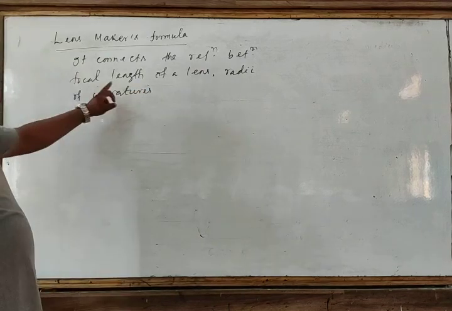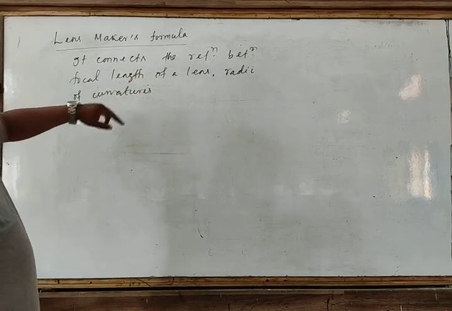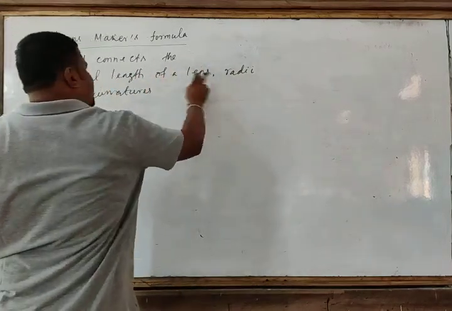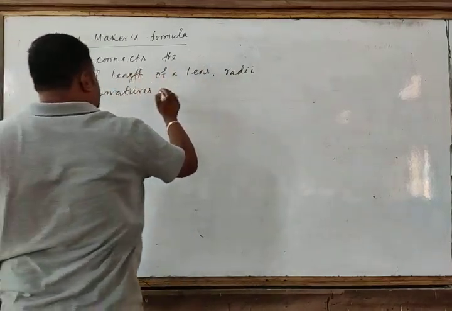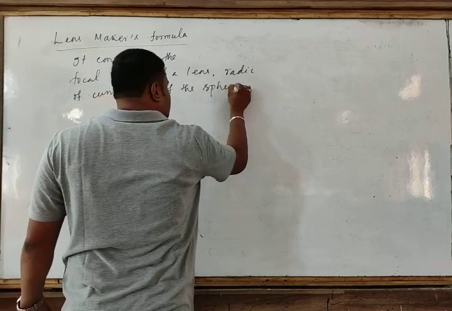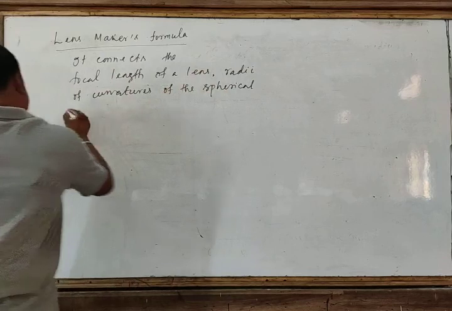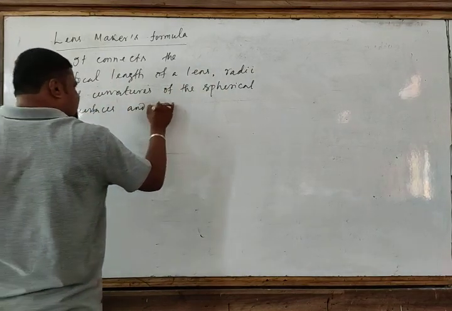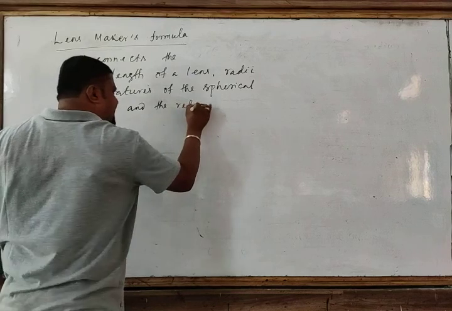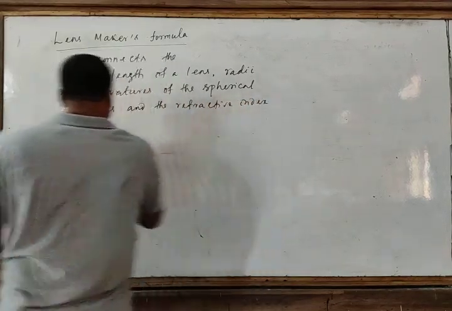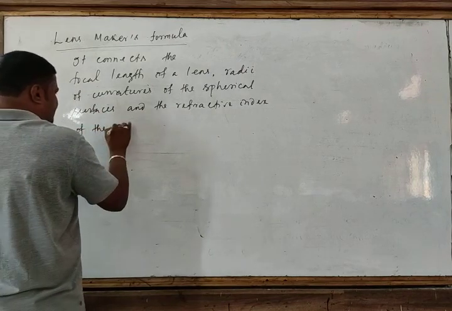It connects the focal length of a lens, the radii of curvature of the spherical surfaces, and the refractive index of the material of the lens.